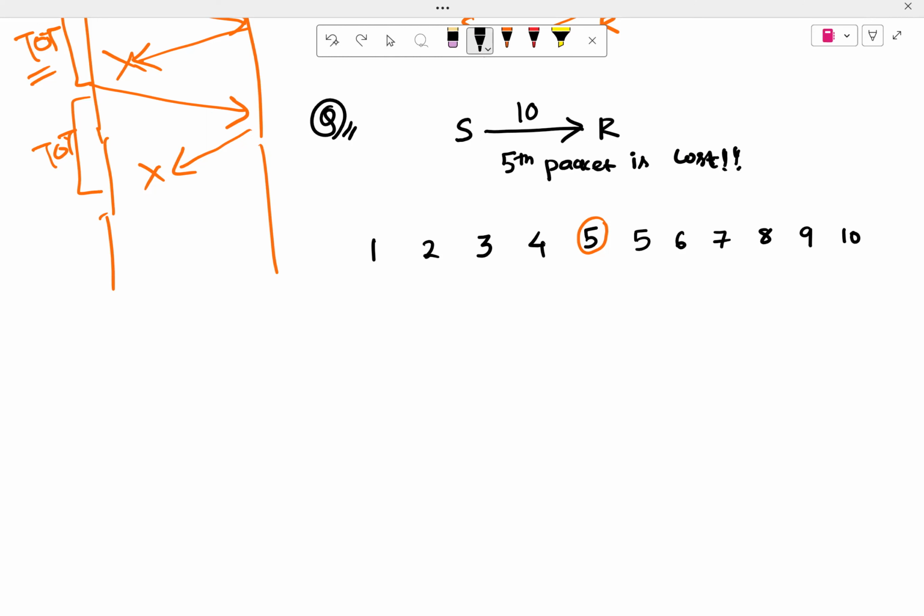Since every fifth packet is lost, counting 1, 2, 3, 4, 5, the ninth is the next fifth packet. So the ninth will be lost and will be transmitted again.